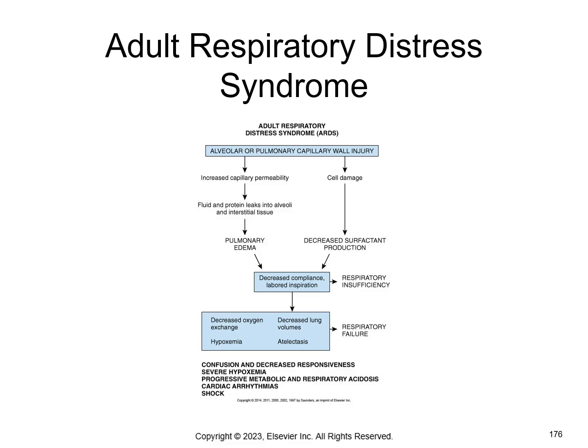We have respiratory insufficiency. We'll have a decrease in the oxygen exchange, a decrease in the volumes in the lungs, hypoxemia, and atelectasis, and respiratory failure. And as a result, will be confused, decreased responsiveness, severe hypoxemia, progressive metabolic and respiratory acidosis, cardiac arrhythmias, and shock. We'll see all here.